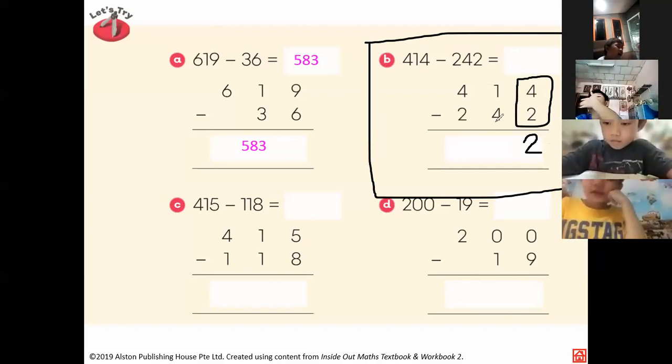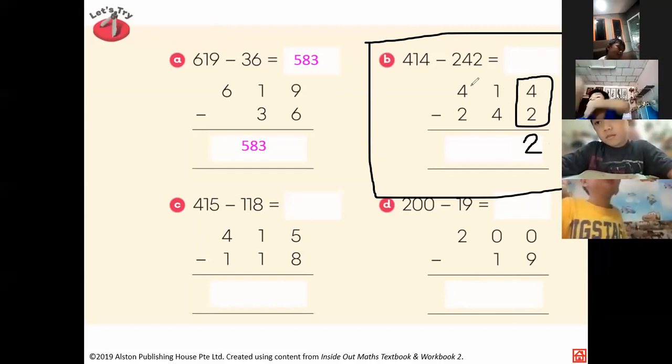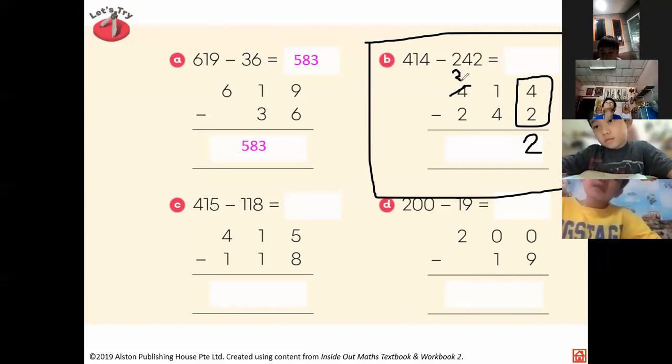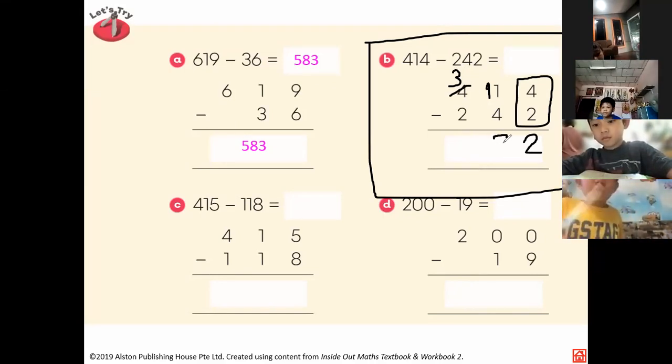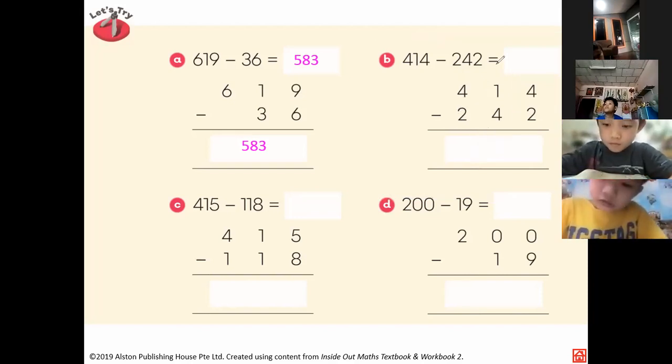Oh, we cannot subtract 4 from 1. So all we have to do is to regroup. So we cancel 4 and 4 will become 3. And then 1 will become 11. So 11 minus 4, that's 7. And then 3 minus 2, that's 1. So the answer for letter B is 172.